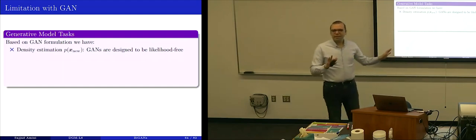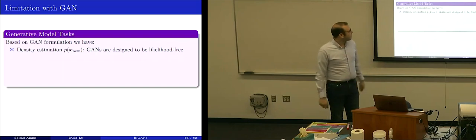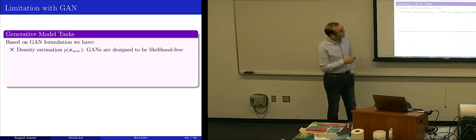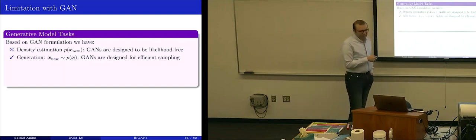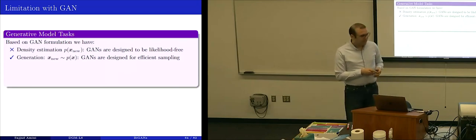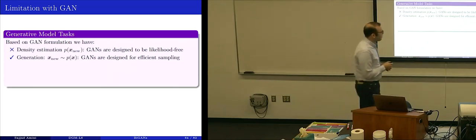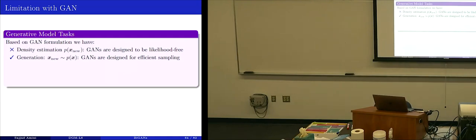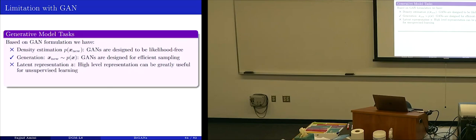So intrinsically, we cannot expect them to provide the P of X new. So this task is not available in the GANs. Generation is very simple in GANs, as they can generate samples in a likelihood free way, so you do not need any restriction over the models you are using. So generation can be done in a great way for the GANs.